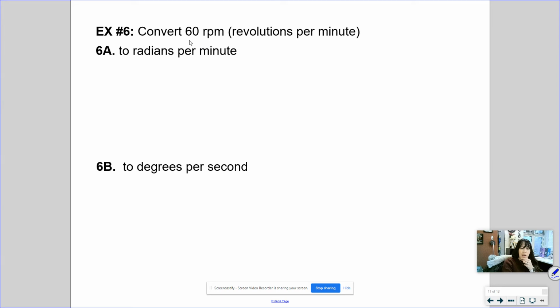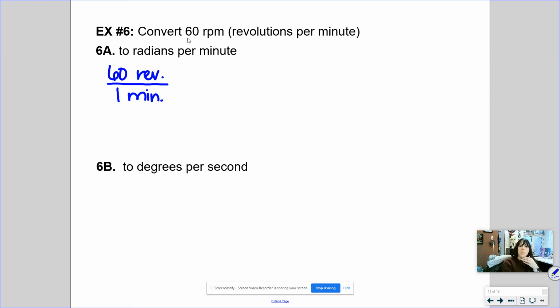Okay, so here is an angular velocity, 60 revolutions per minute. What we're doing in this example is we're just doing a conversion. So we're not finding the angular velocity that's already been given. We're not using a fancy formula. We're simply converting units. Okay, think of like converting days to minutes, something like that.